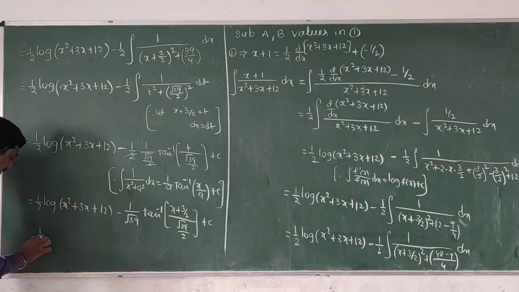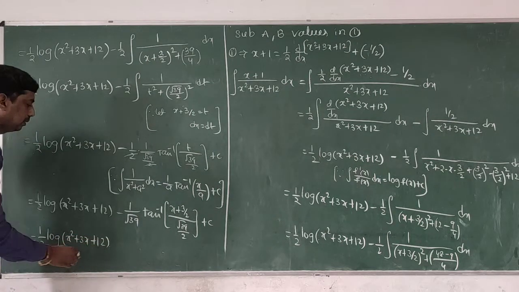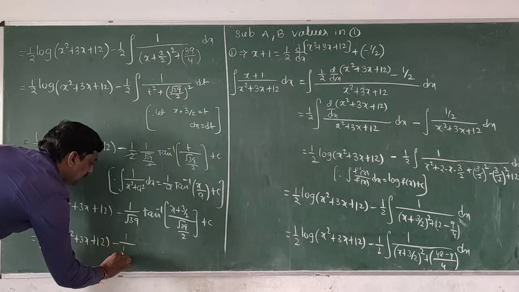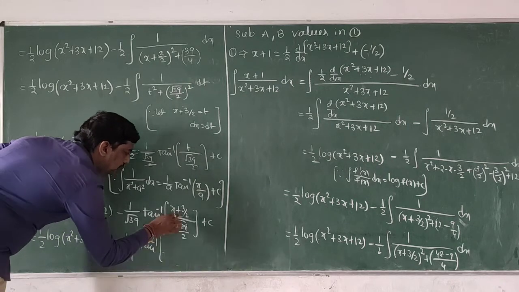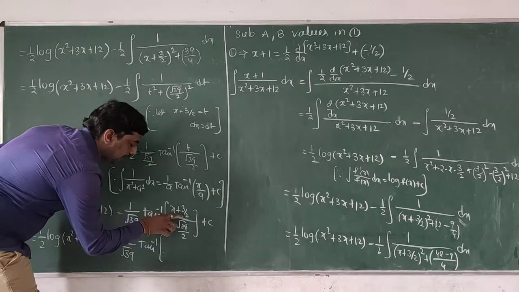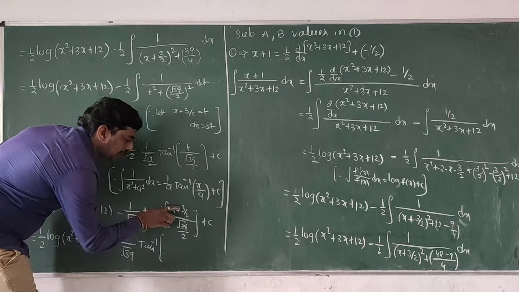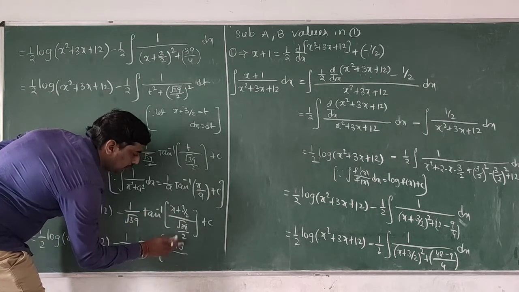So the final answer: 1 by 2 into log of x square plus 3x plus 12 minus 1 by root 39 tan inverse of, do the LCM. 2 is the denominator, LCM 2, into x, 2x plus 3 by 2 whole by root 39.